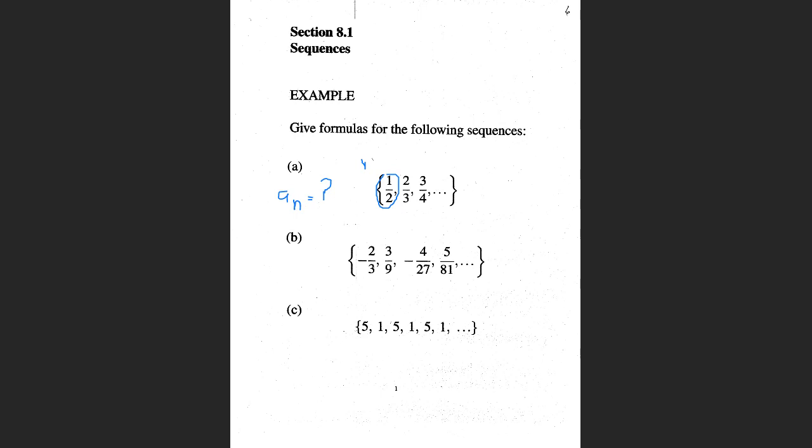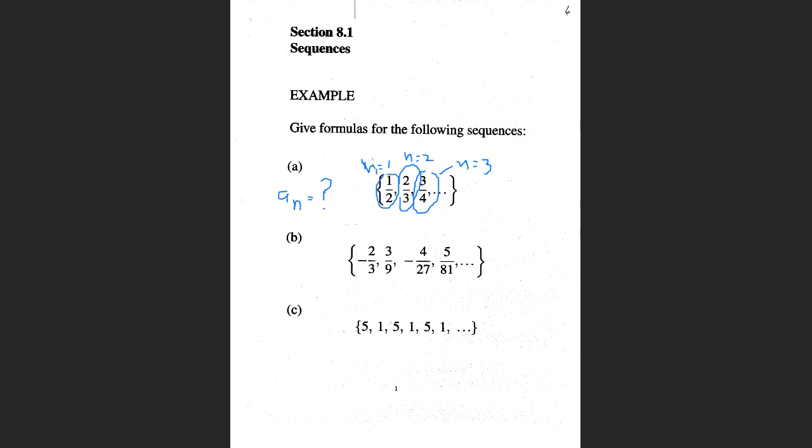That's the formula we're looking for. When n equals 1, that's the first term, right? So we get a half. When n equals 2, we get the second term, 2/3. When n equals 3, we get the third term.